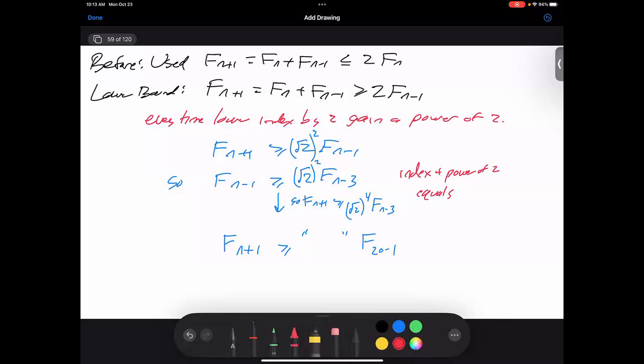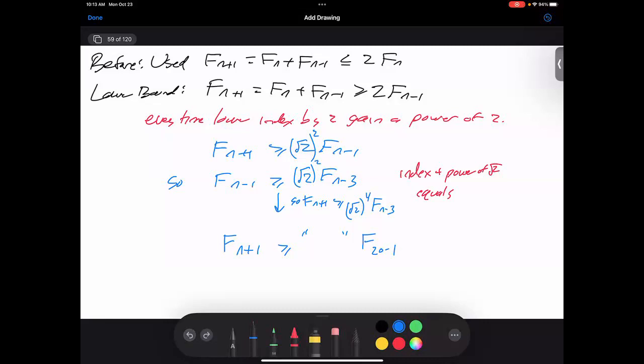Now is the sum of the index and the power of the square root of 2 constant? So 2 plus n minus 1 is n plus 1. Oh, so I didn't change the exponent over here. Oh, no, that was right, because that's f_{n-1}. That's fine. f_{n+1} is now root 2 to the 4th f_{n-3}, and minus 3 plus 4 is also n plus 1.